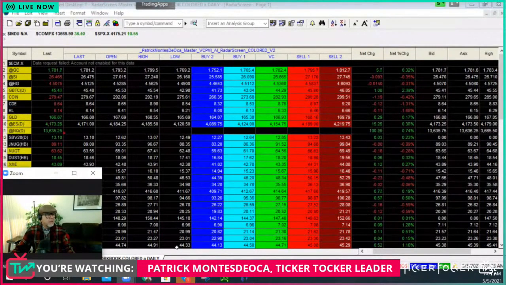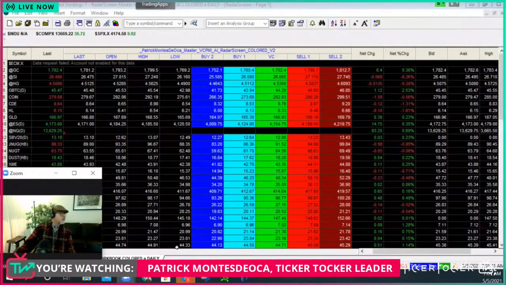Copper is slightly lower at 450.51. And GBTC, Grayscale Bitcoin Investment Trust, is up about 1.12. Coin is down 1.39.